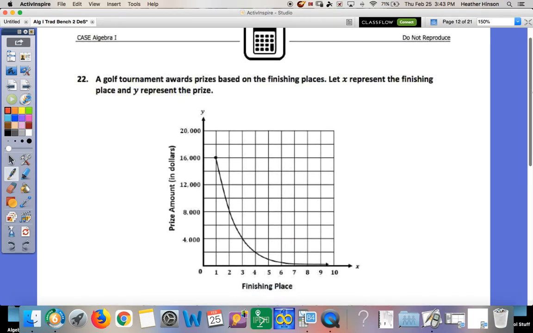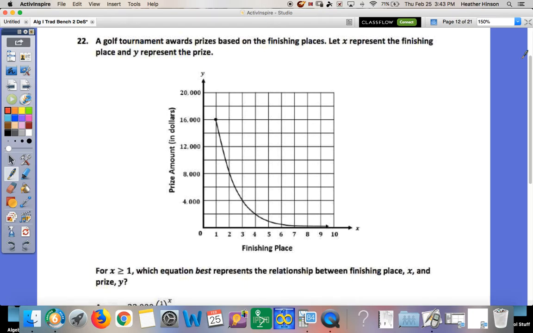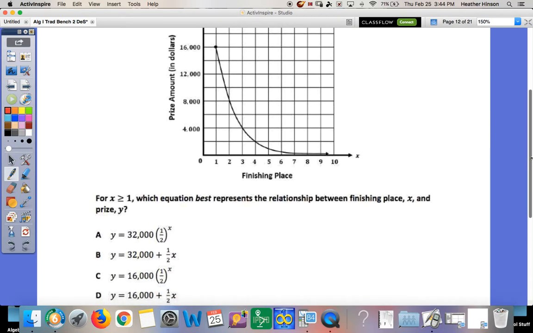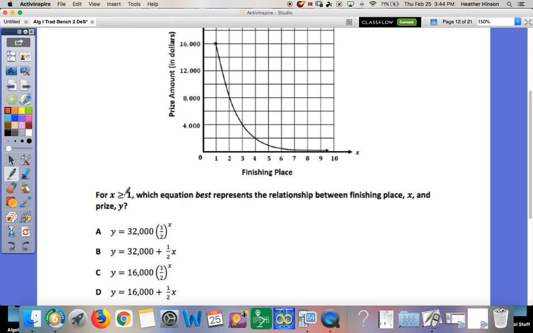Okay, 22. Golf tournament awards prizes based on the finishing places. Let X represent the finishing place and Y represent the prize. So for X is greater than or equal to 1, which equation best represents the relationship between finishing place, X, and the prize, Y? So we have multiple different types of equations here.